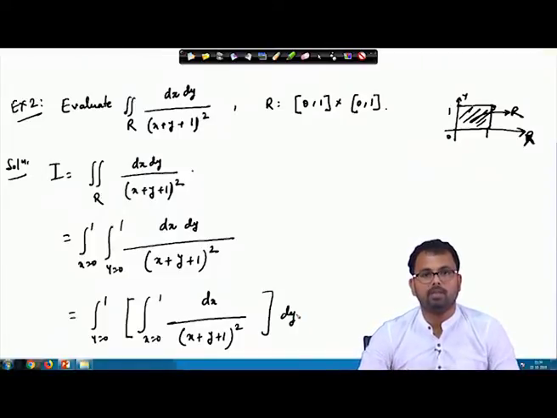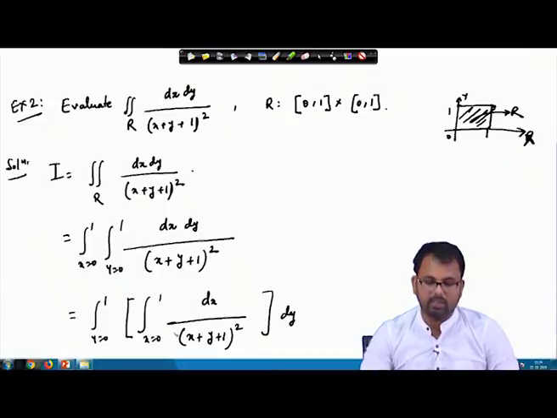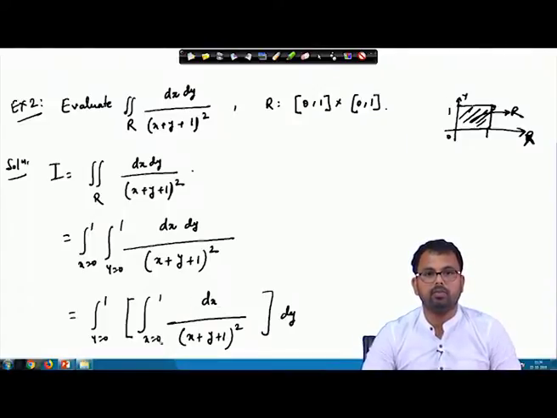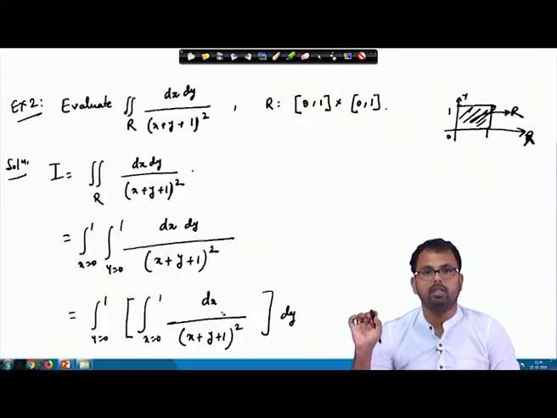Now, as we have told several times, when we integrate with respect to x, we treat the variable y as constant. So, here this y plus 1 is basically a constant, and then this integral, integral 0 to 1 dx by (x plus constant) square, is nothing but our traditional dx by x square integral.